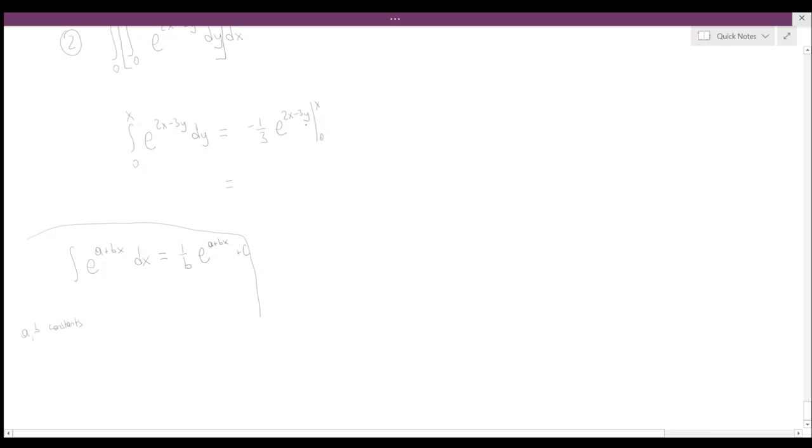All right, so first when we plug in x for y, because we were integrating with respect to y, we're going to get -1/3 e to the 2x minus 3x. Minus what you get when you plug in 0 for y, which will leave us with e to the 2x there, okay?